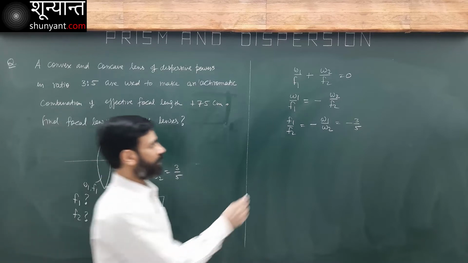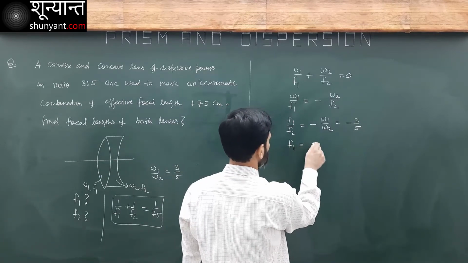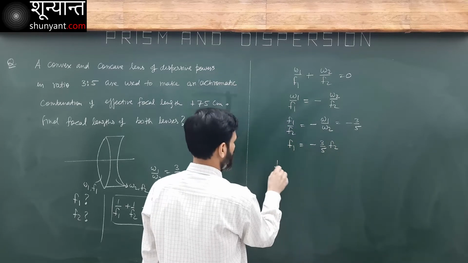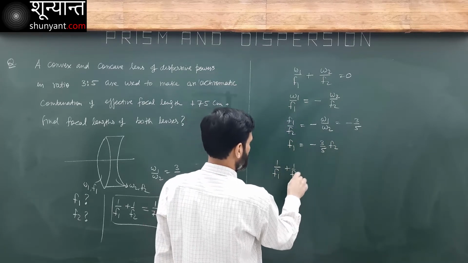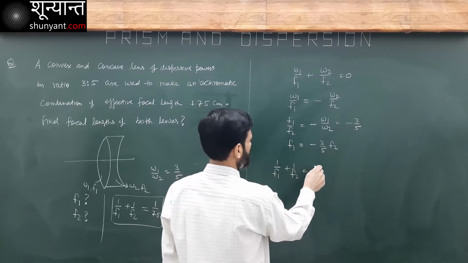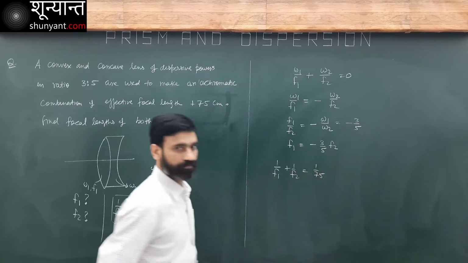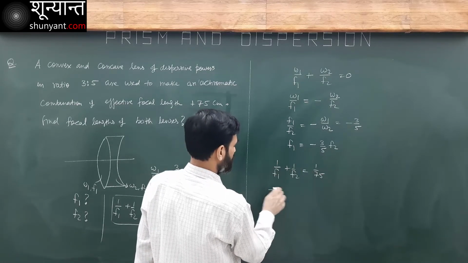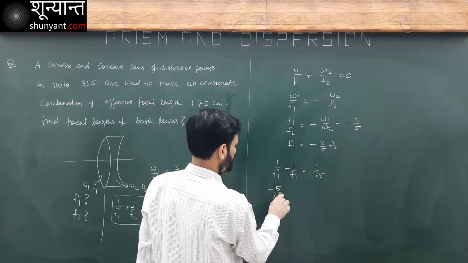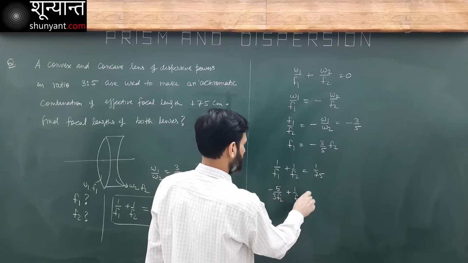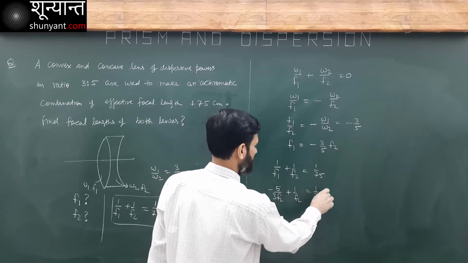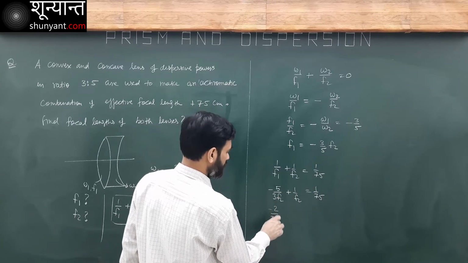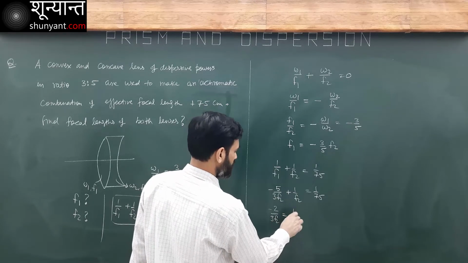So I can write f1 is minus 3 over 5 f2. Now 1 over f1 plus 1 over f2 is equal to 1 over 75. Now this becomes minus 5 over 3 f2 plus 1 over f2 is 1 over 75. That's how we do it. So minus 2 over 3 f2 is 1 over 75.